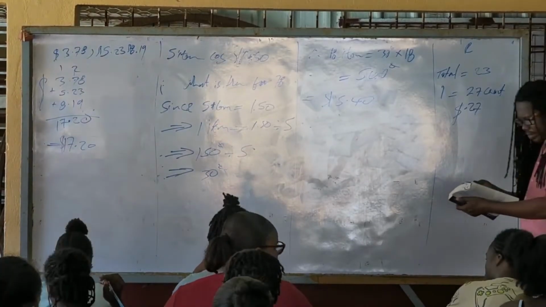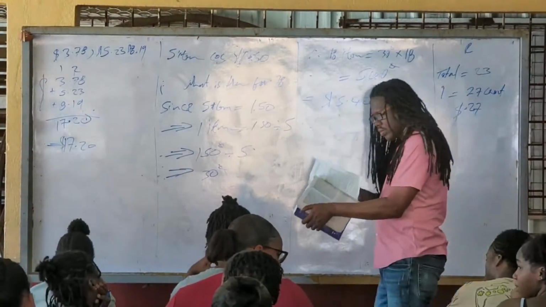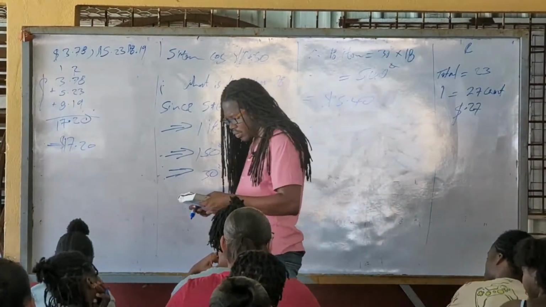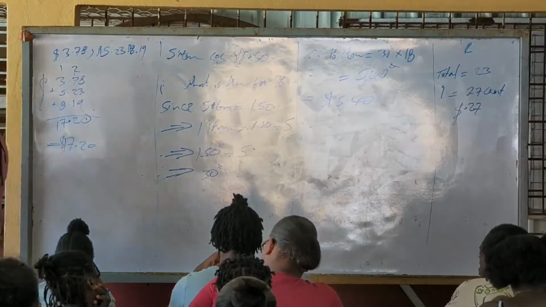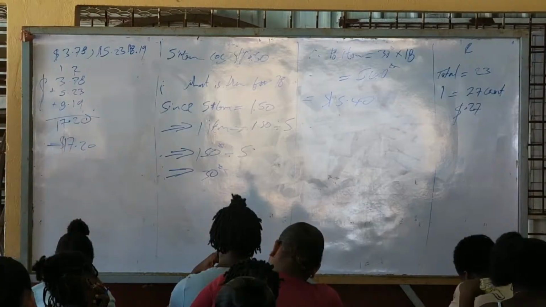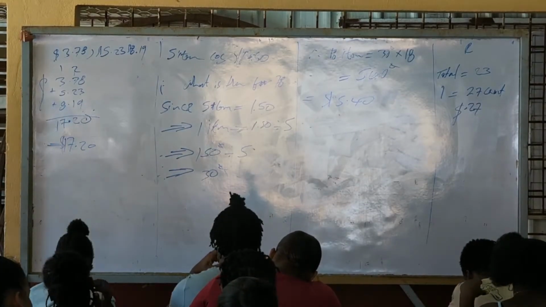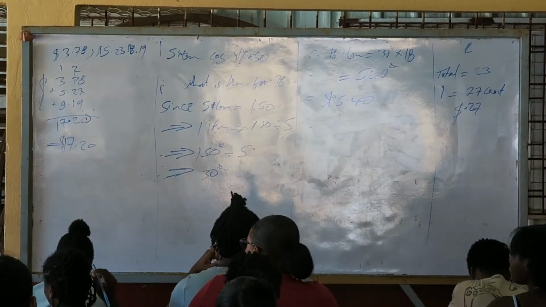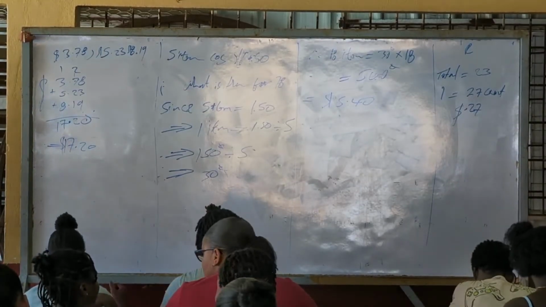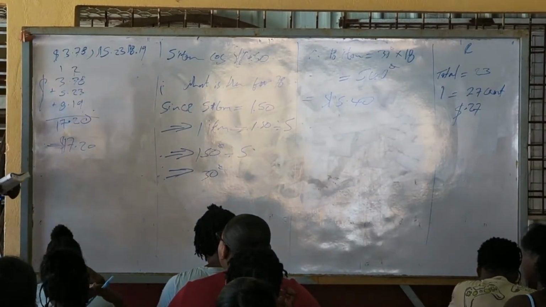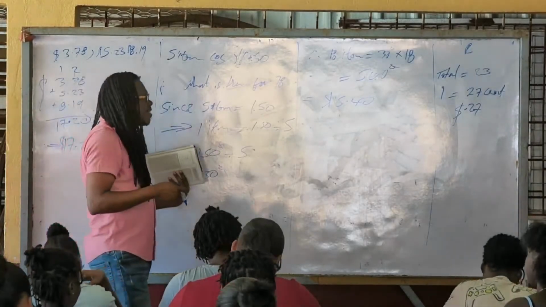Ready. If 127 articles cost, find the cost of each article. 127 articles.